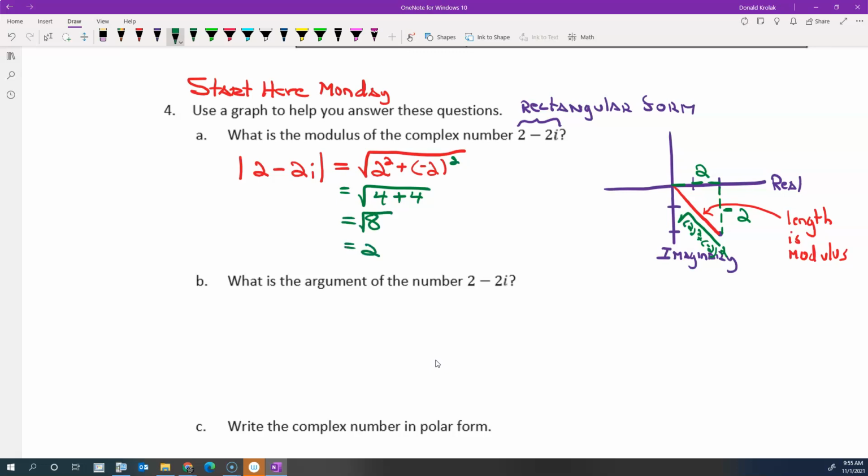And when you simplify that, that's 2√2. But normally you just leave it like that.